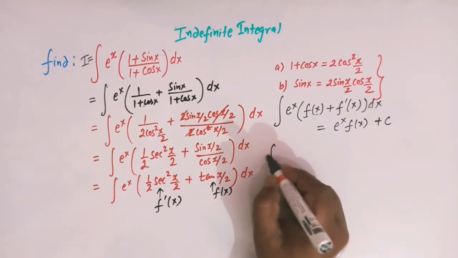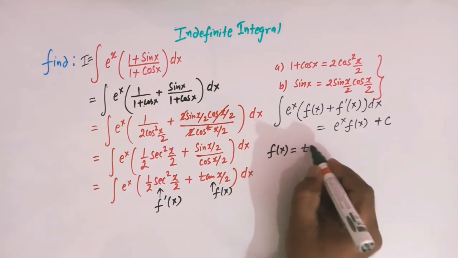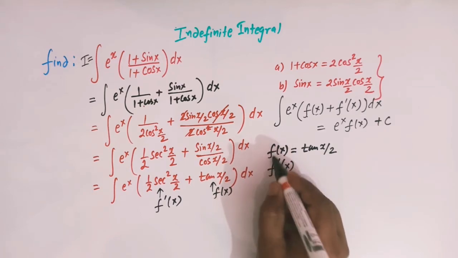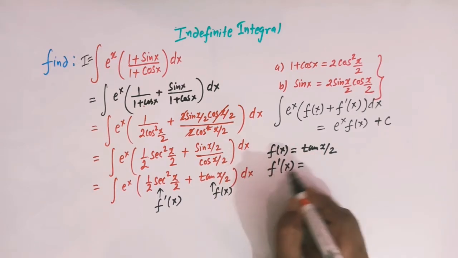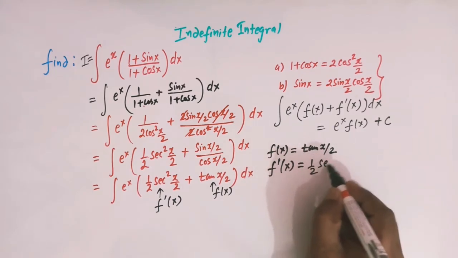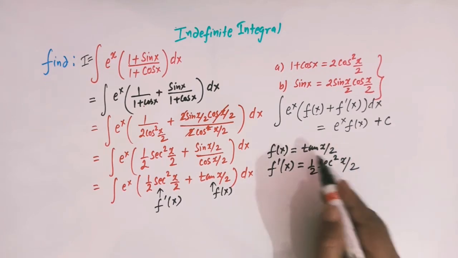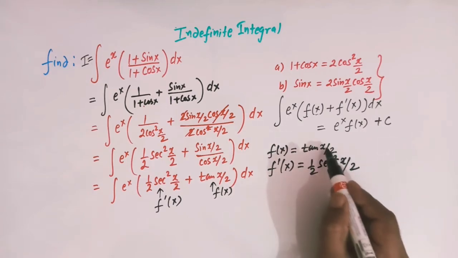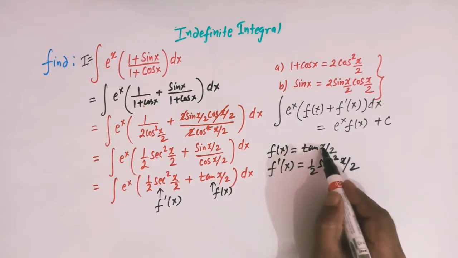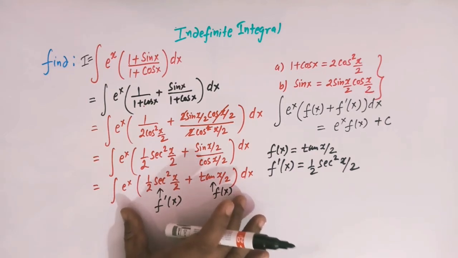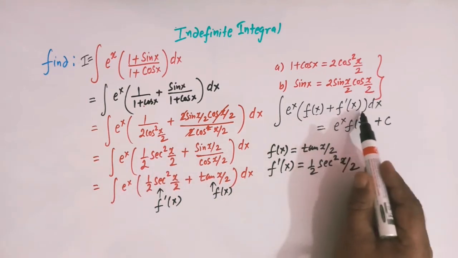If we take f of x as tan of x over 2, then the derivative f prime of x is half sec square x over 2, because the derivative of tan x over 2 is sec square x over 2, and by the chain rule the derivative of x over 2 is half.